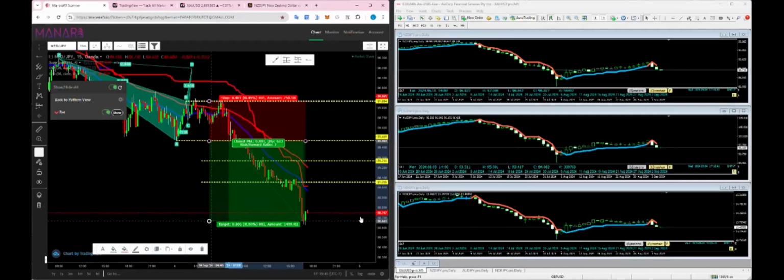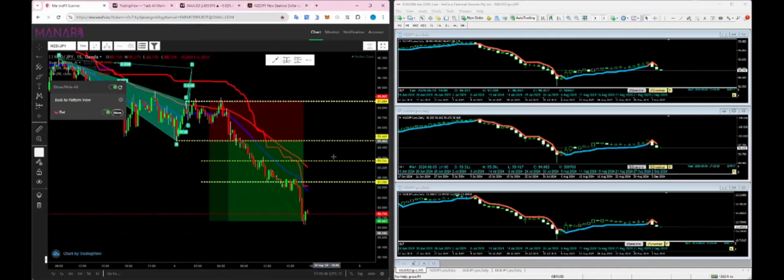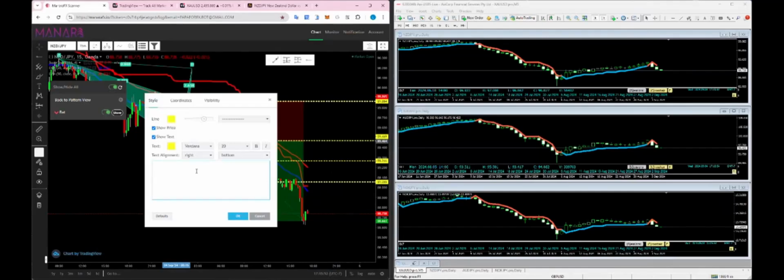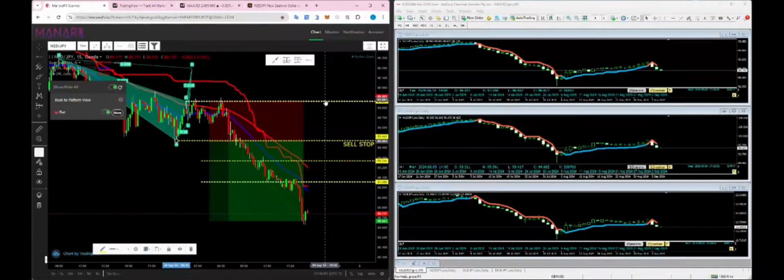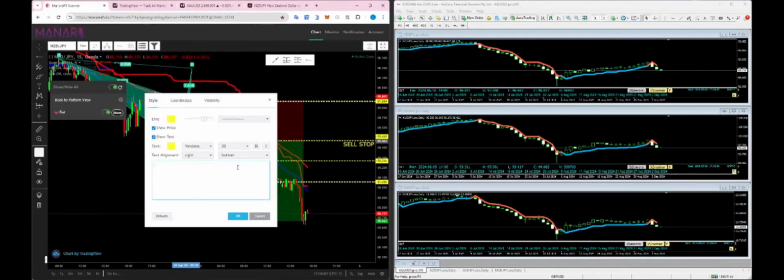So this basically just hit the TP3. See? So at 2 in the morning my time, this was going to be a sell stop. Sell stop right there. Up here was going to be our stop loss.